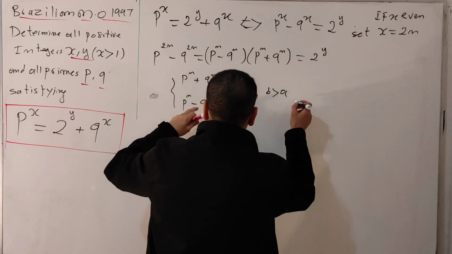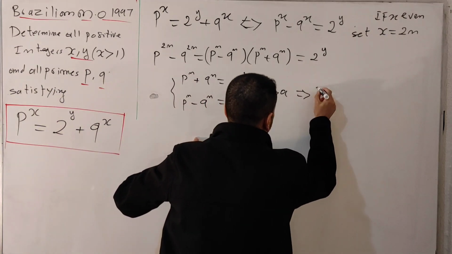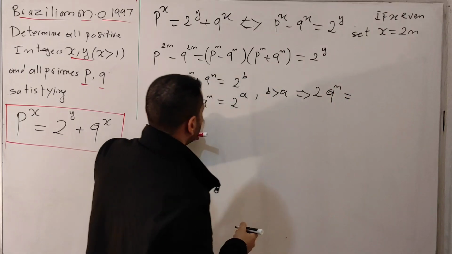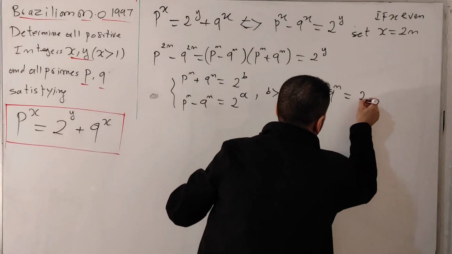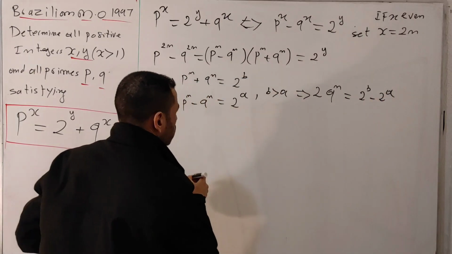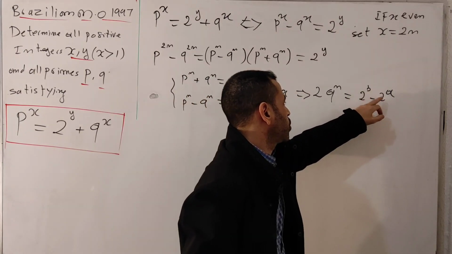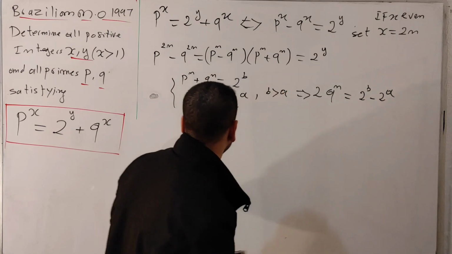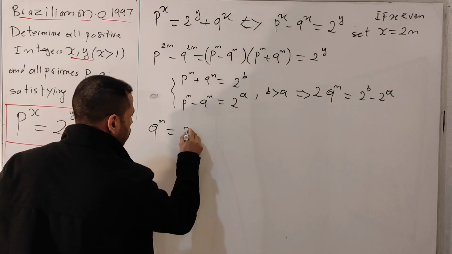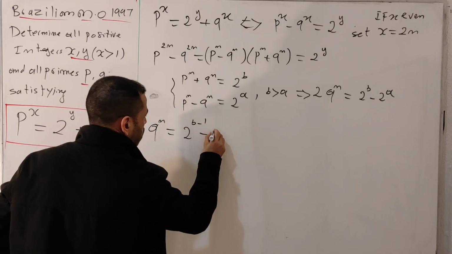So we'll get here 2 times q to the n. By taking the difference of these two equations, I will have 2 to the b minus 2 to the a. Okay, since a and b are positive integers, I'm going to divide both sides by number 2. So we'll have q to the n equals 2 to the b minus 1 minus 2 to the a minus 1.